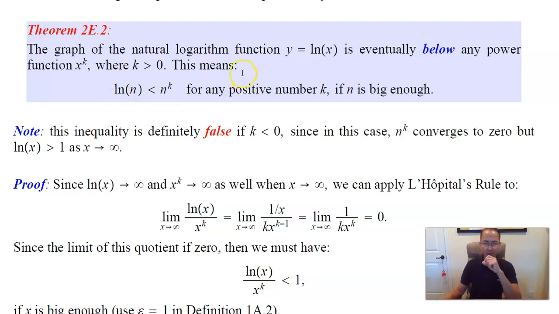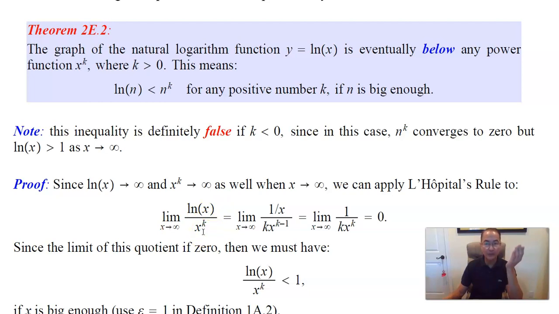The proof of this property is very simple. It's basically just L'Hopital's rule. Let's take a look at the fraction that we get when we divide ln of x by x to the k. As x goes to infinity, ln of x goes to infinity, x to the k also goes to infinity.